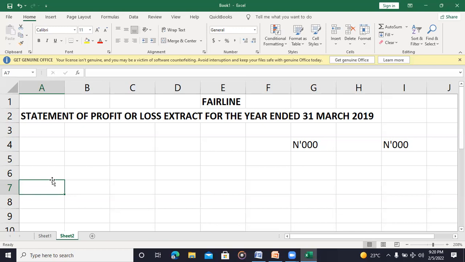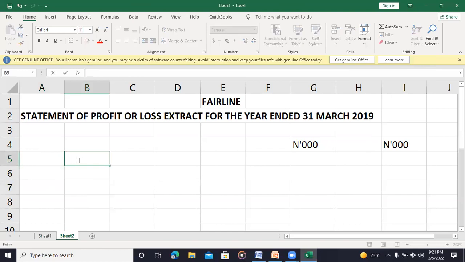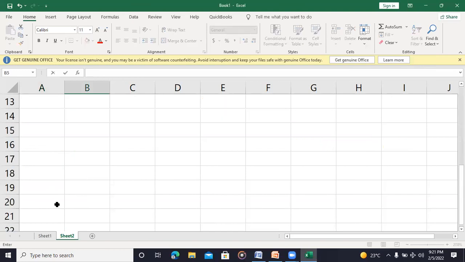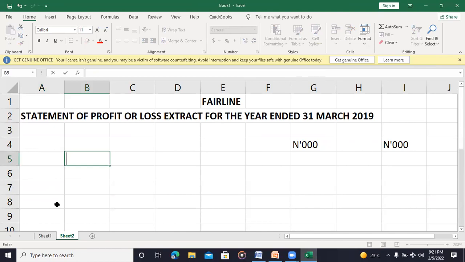So we're going to pick items that reflect the profit or loss account from our question. Do we have revenue or income in this question?